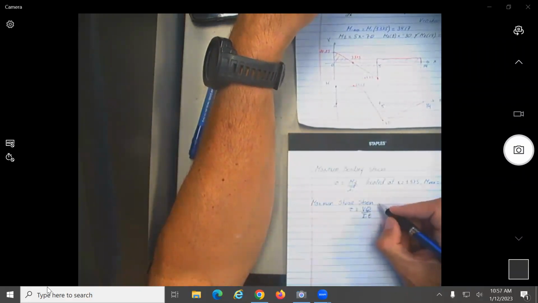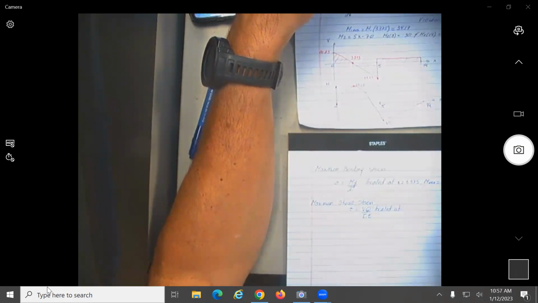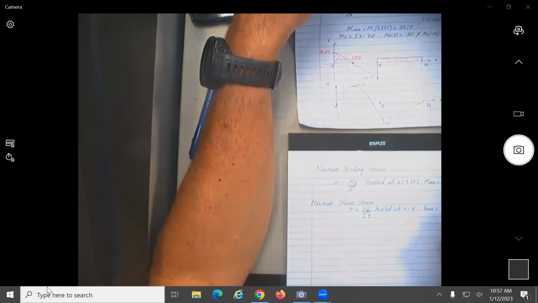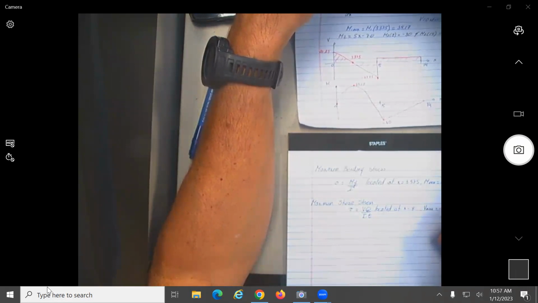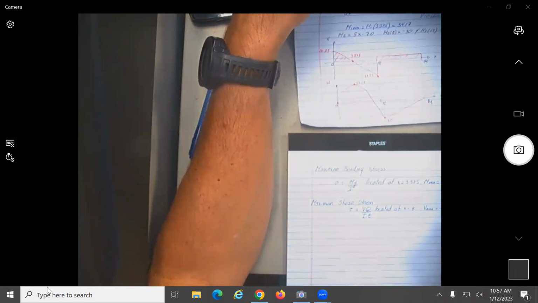But again, this will be located where? Will be at x equal 8, correct? And V max will be equal to what? 27.25.